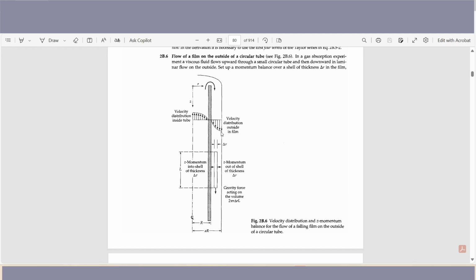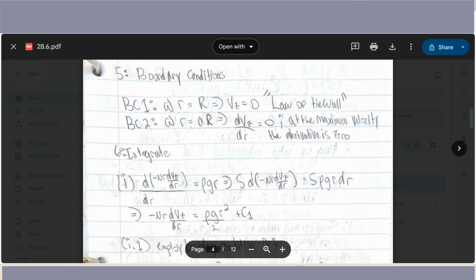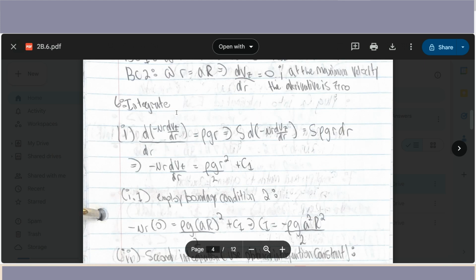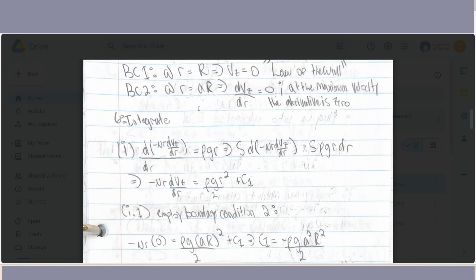So the velocity is at a max here, and the slope at a max is just a horizontal line, and the slope of a horizontal line is 0. So that's why dvz/dr equals 0 at this point, at r equals aR. And yeah, that's maximum velocity, derivative of 0.